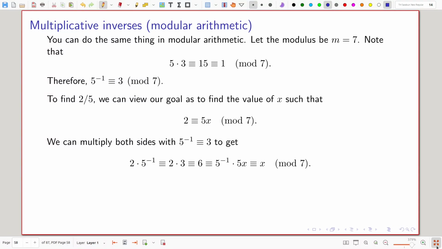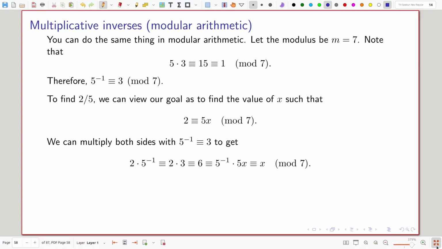So we want to get rid of 5. We find some number that after multiplying with 5 gives you 1, right? If you multiply something with 5 and you get 1, this is exactly a way to get rid of 5, cancelling out 5.